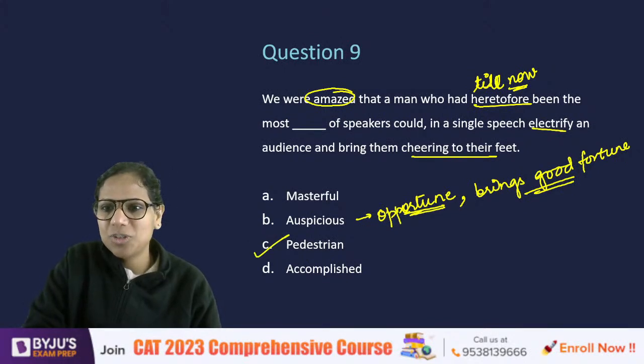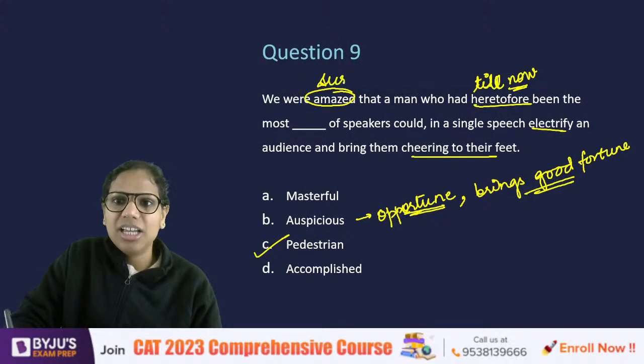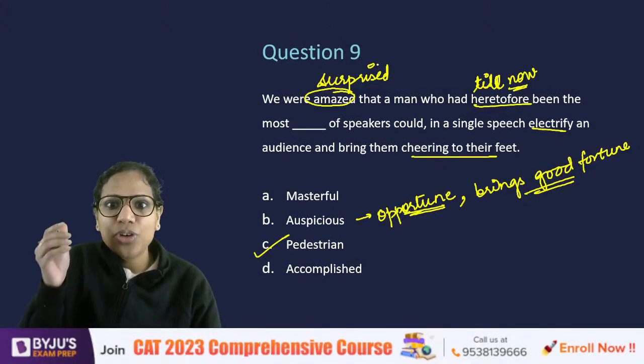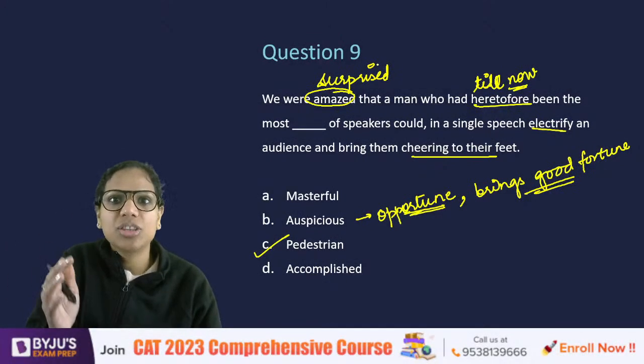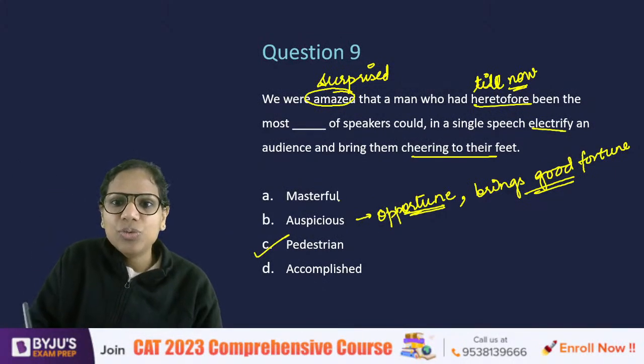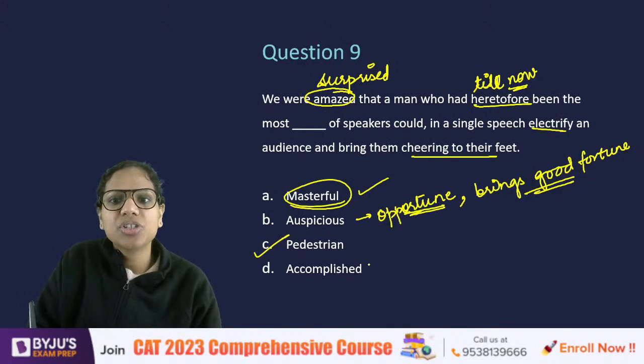Good. Manish is pretty enthusiastic about his answer. Absolutely right, Manish. C is the answer. See, we were amazed, we were surprised that someone who had till now been such a bad speaker could, in a single speech, fill an audience with such enthusiasm that they started cheering to their feet. We would be surprised only when earlier this person was bad, right? We will not be surprised if this person is already masterful or an expert, or already accomplished.